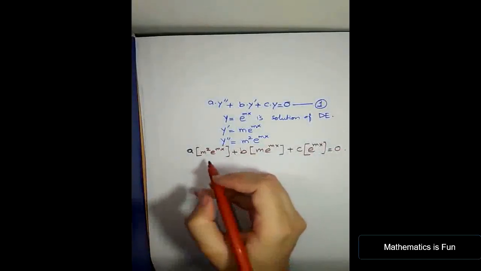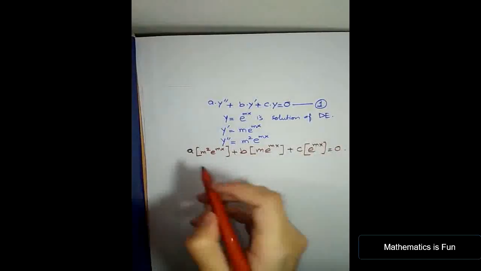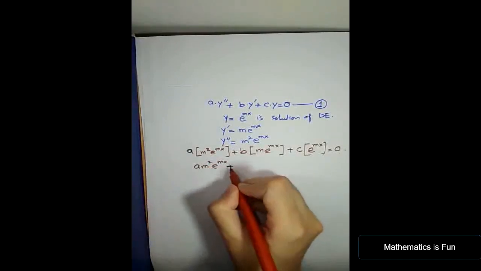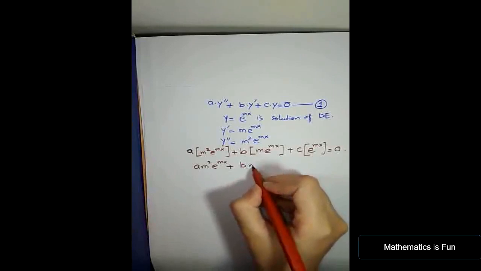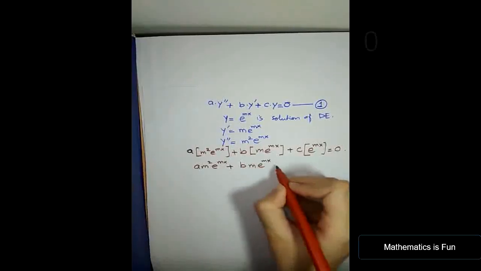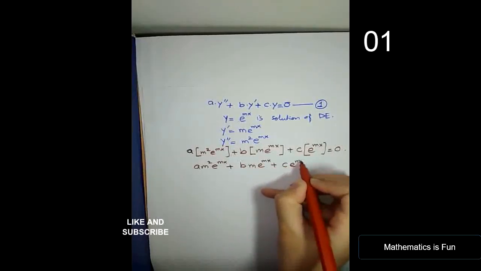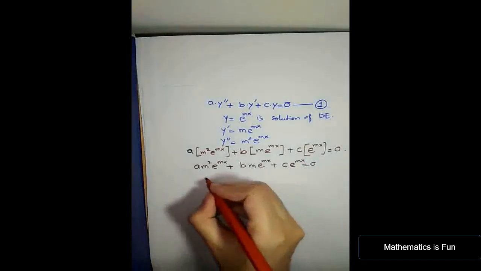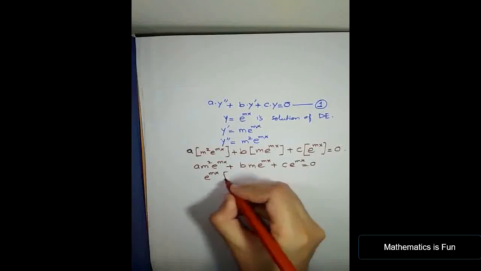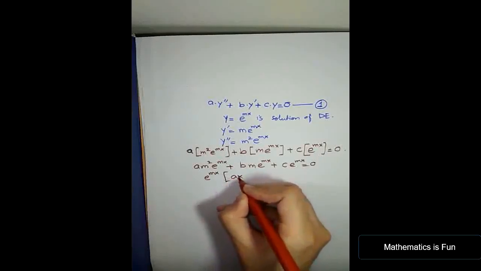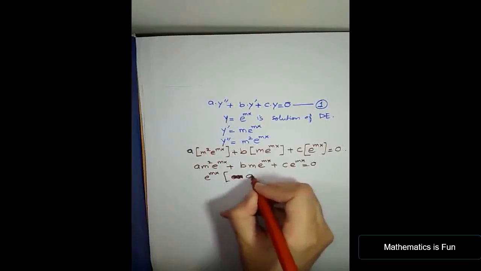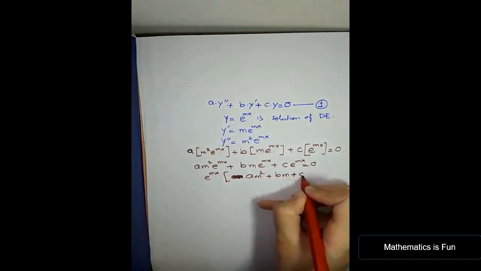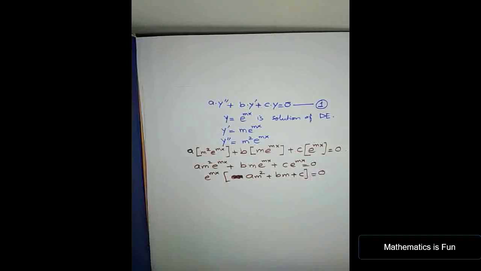In these three terms you can definitely see that e to the power mx is common, and the rest of the terms become am square plus bm plus c equals to 0.